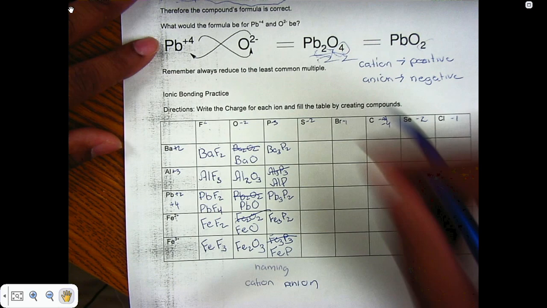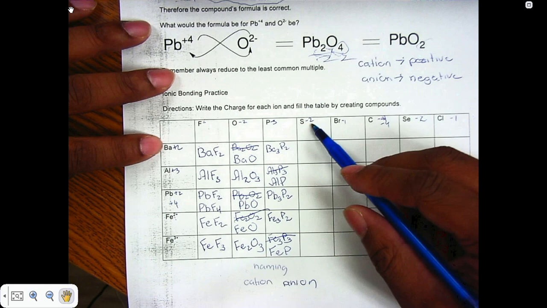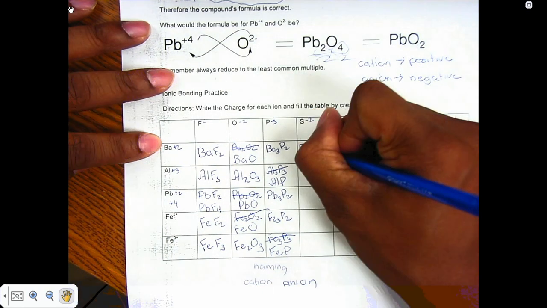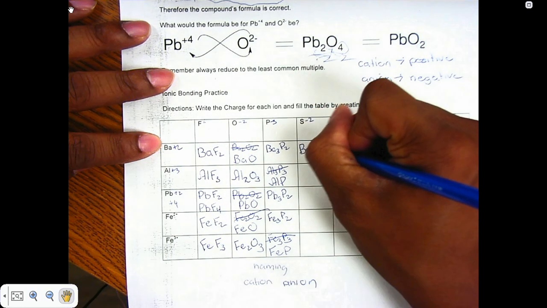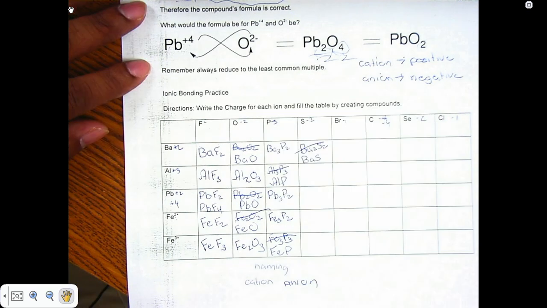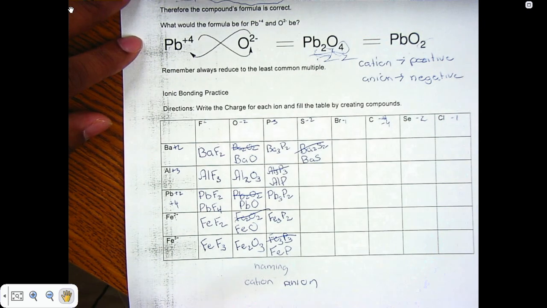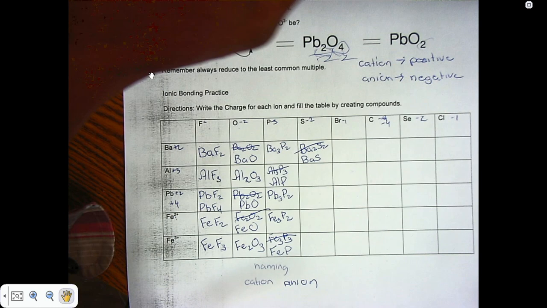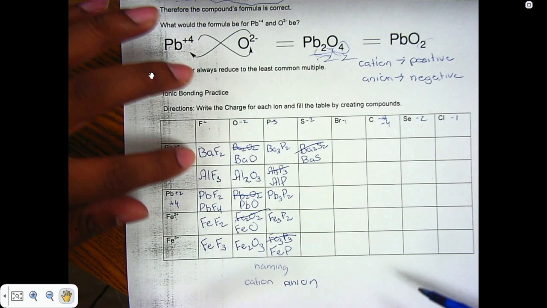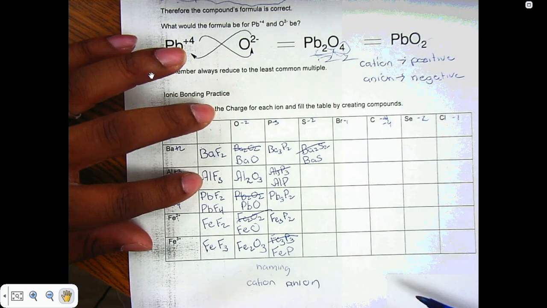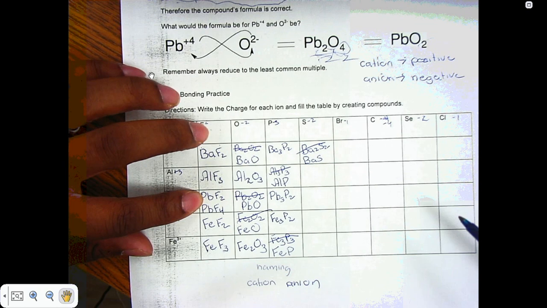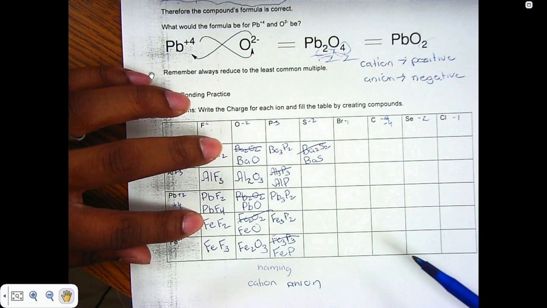We're going to move on and look at this column where we have a -2 again. Once again, we have these 2 guys, which cancel out and become this, barium sulfide. And maybe I should go ahead and say some of these names so we can start getting that in our memory, our repertoire. Barium fluoride, aluminum fluoride, lead 2 fluoride, iron fluoride or iron 2 fluoride.